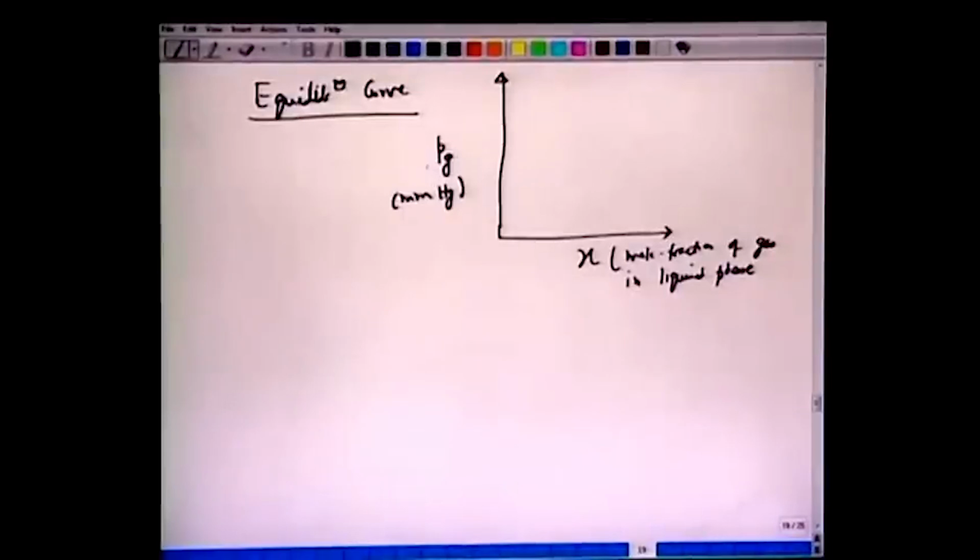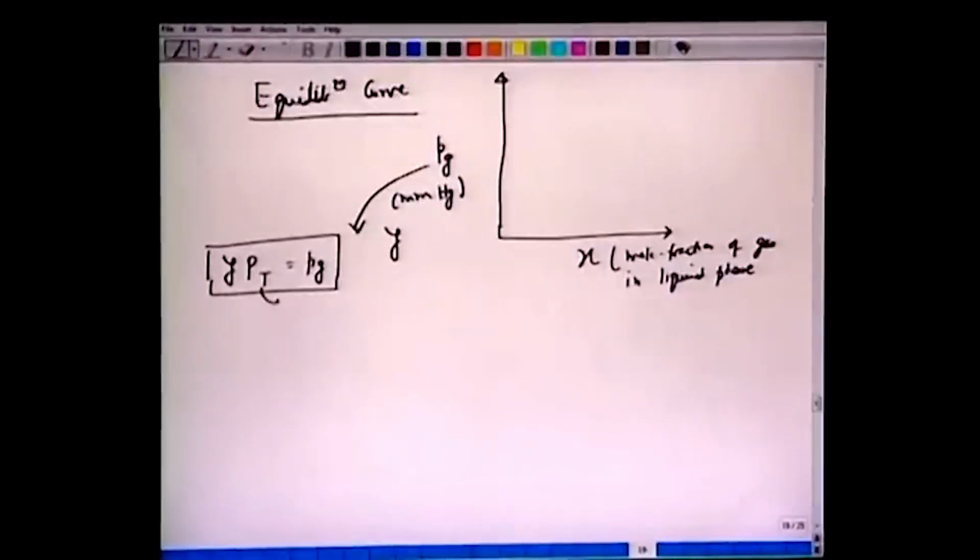Okay. Mind you, this Pg can also be written in terms of mole fraction y in the gas phase. If you apply y Pt equals Pg. So, where Pt is the total pressure.